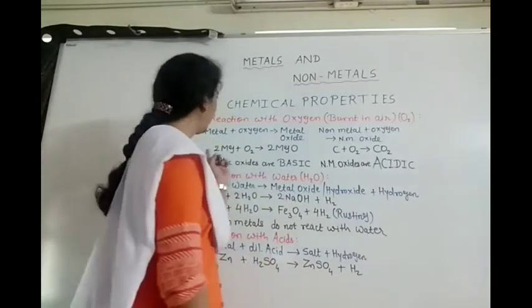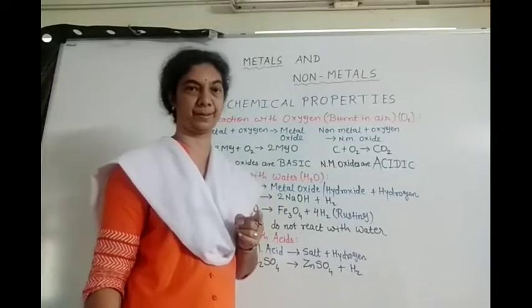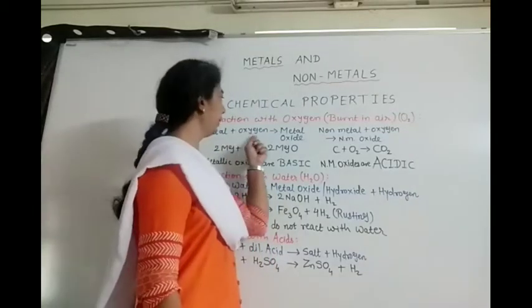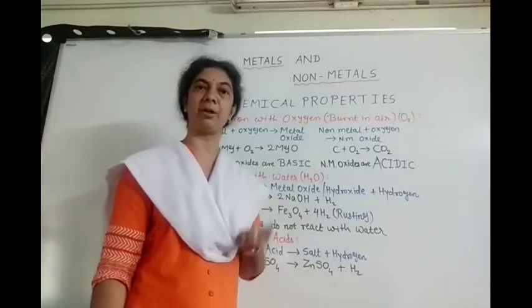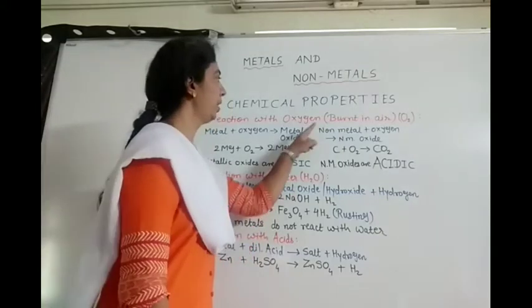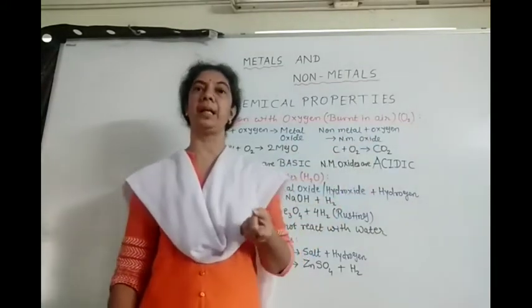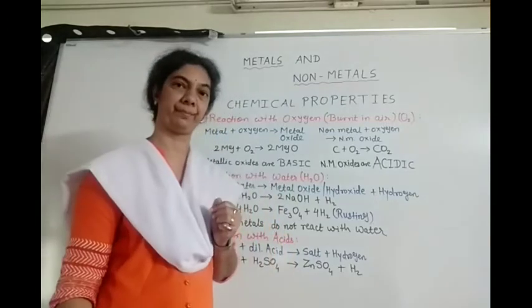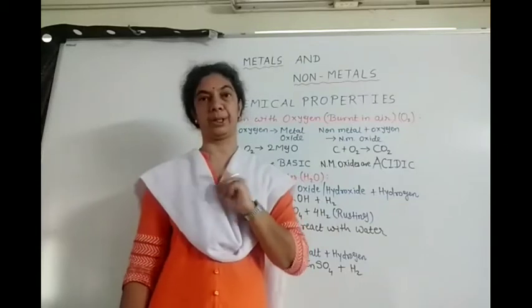So we are taking the general formula, the general equations, that metal plus oxygen gives metal oxide or metallic oxide. And likewise, non-metal plus oxygen gives non-metallic oxide. This is known as word equation.